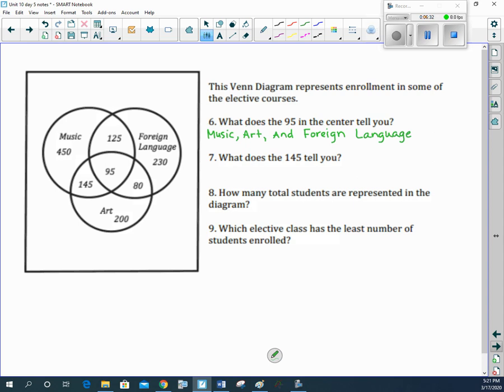Well, 145 is right here. So what does that overlap with? It looks like it's overlapping with the music circle and the art circle. So those are the people who are taking both music and art.